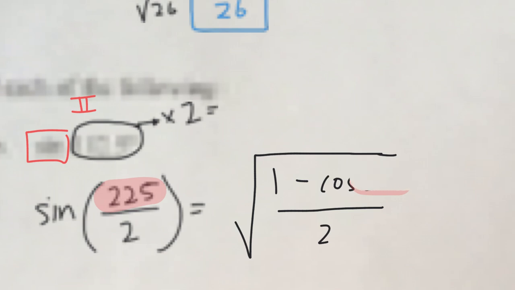The cosine at 5 pi over 4 is negative root 2 over 2. That's the cosine at 225. Okay, that comes from your unit circle. In the third quadrant is where 225 lives, so cosine is negative.